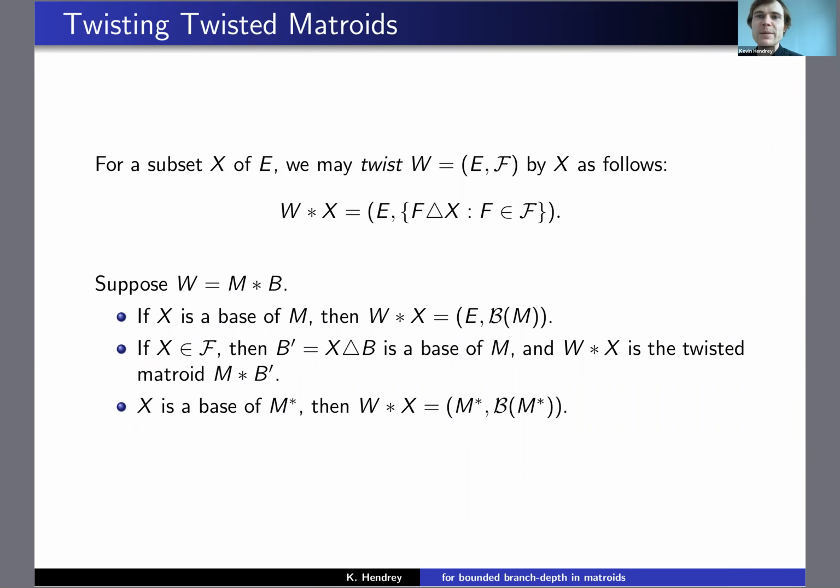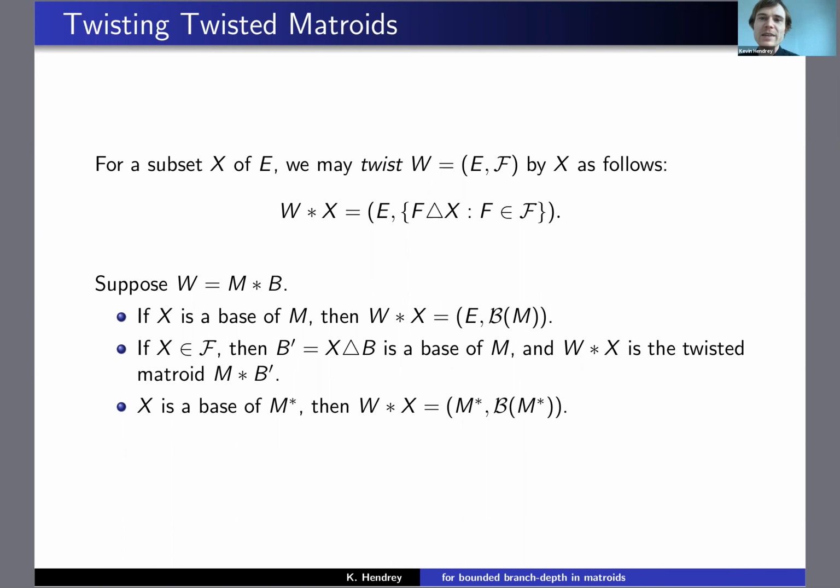So let's suppose that we start with a twisted matroid corresponding to a particular matroid with a particular base B. If we twist W with respect to a base of M, then what we get back is essentially the original matroid. So we get the set of bases of the matroid back.